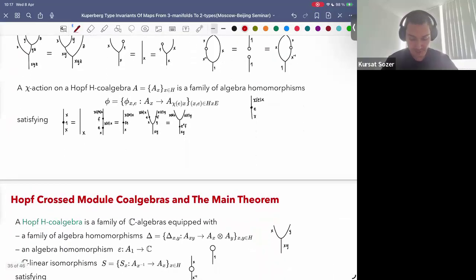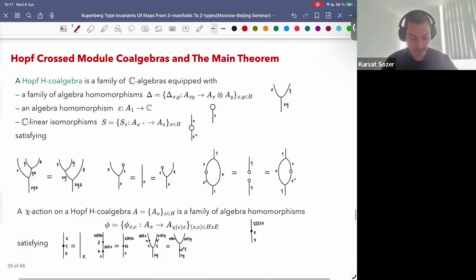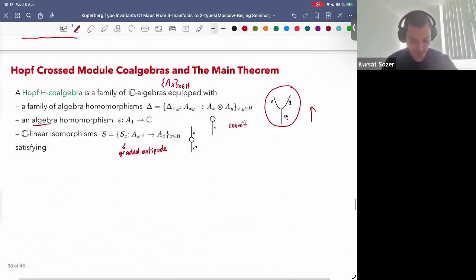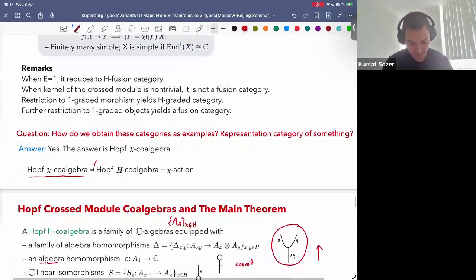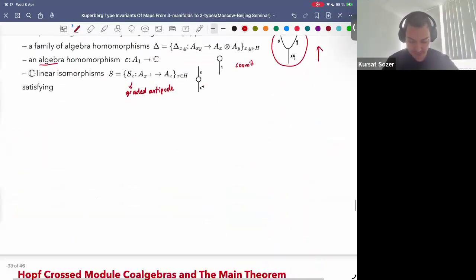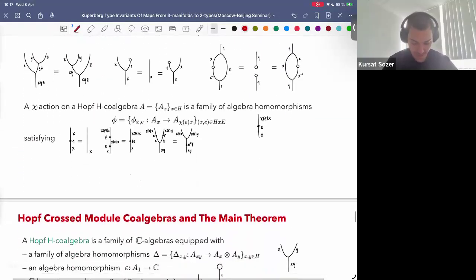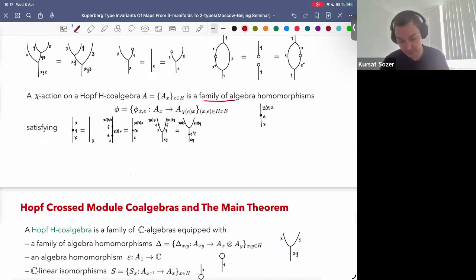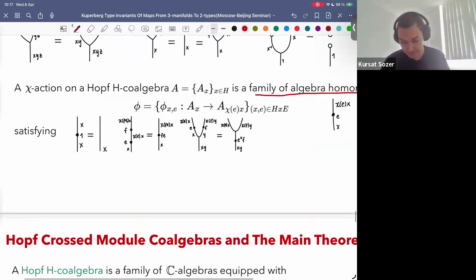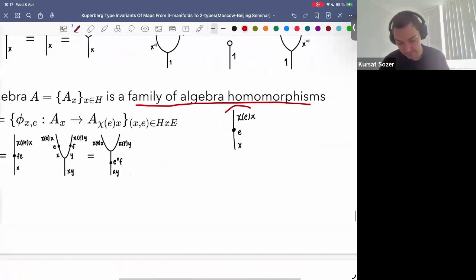A chi action of a Hopf algebra is, okay, remember, we have two pieces for a Hopf chi algebra. This is the first step, and the next step is a chi action. It's a family of algebra isomorphisms, which we denote this way.